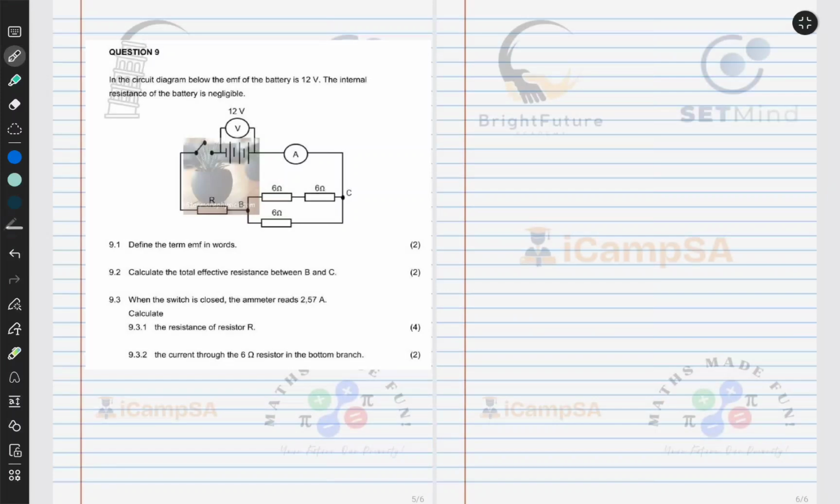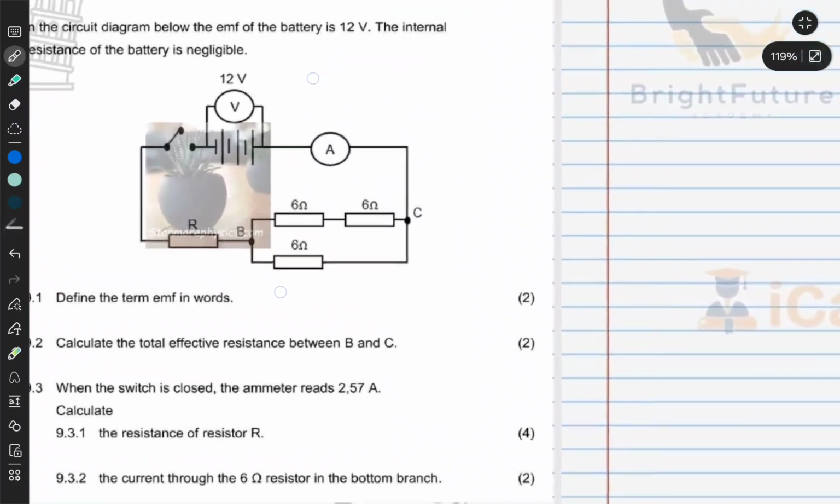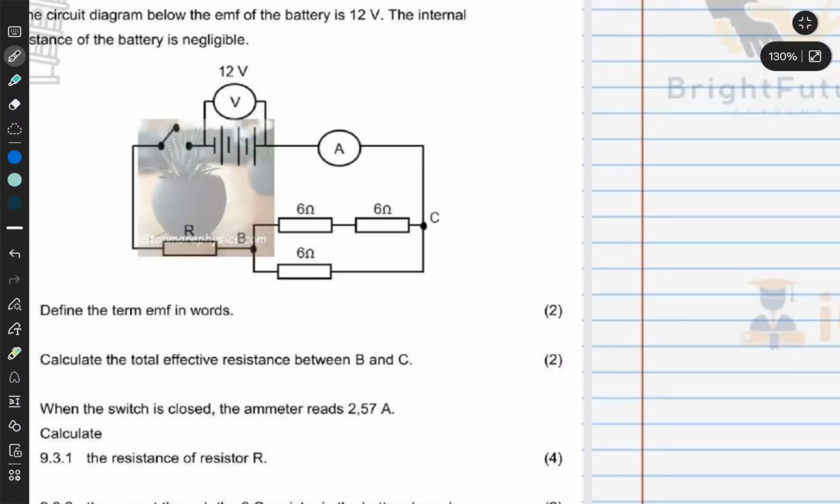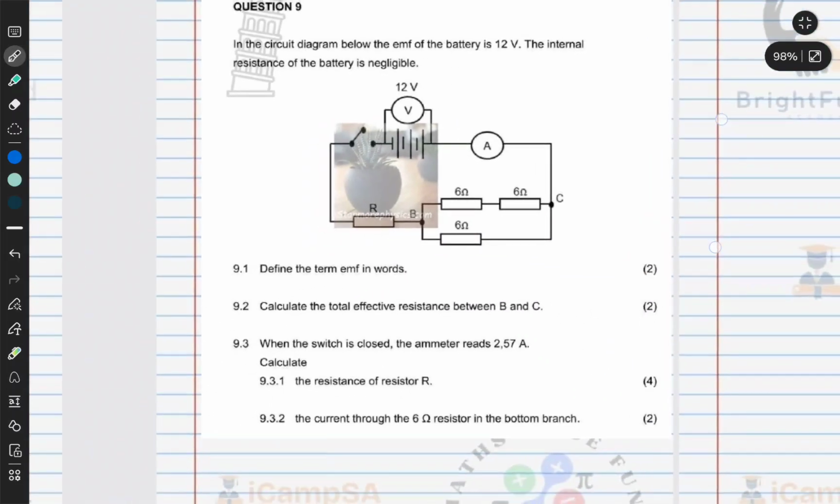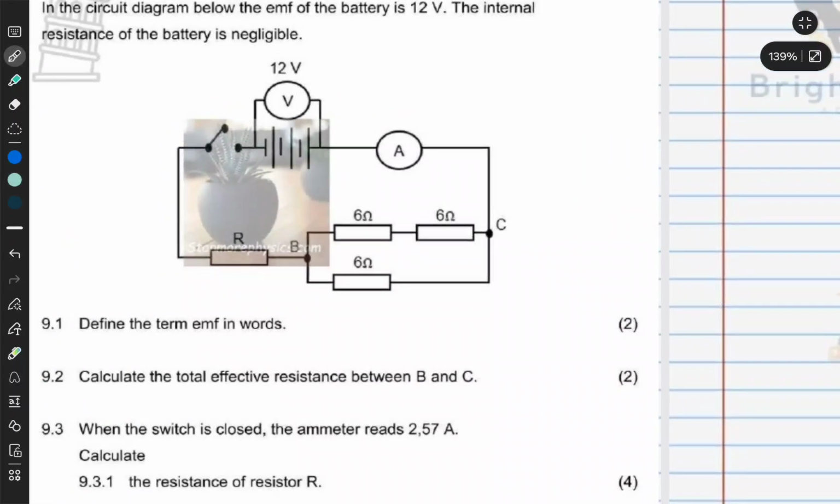So now we can just analyze this circuit. We see that there's a series resistor, and then in this parallel combination we have two resistors that are in series, and both of them are then connected in parallel to this 6 ohm resistor, right?